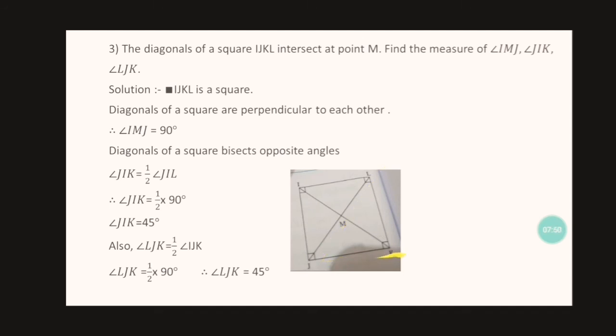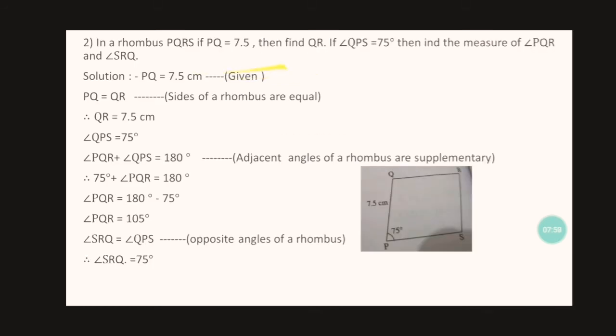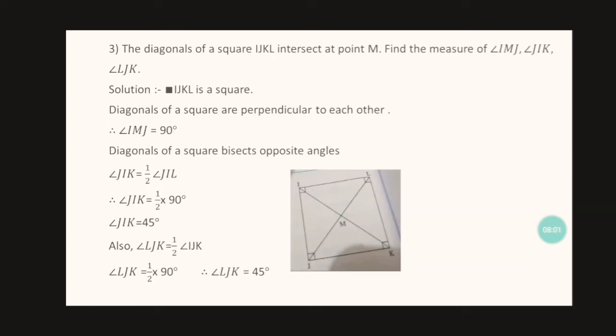Okay. So here, what is given to us? That IJKL is a square. IJKL is a square. This is given to us, right? So here, the measure of angle IMJ will be equal to 90 degree.